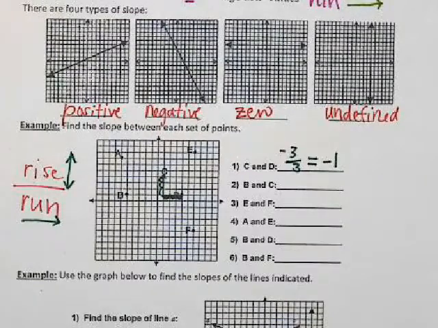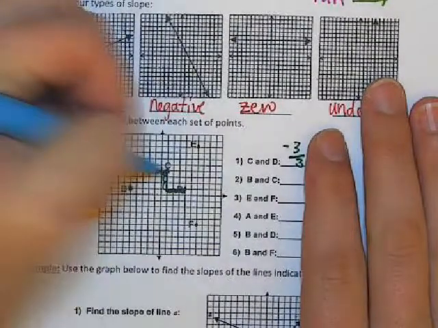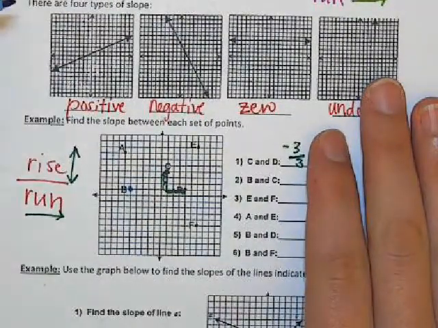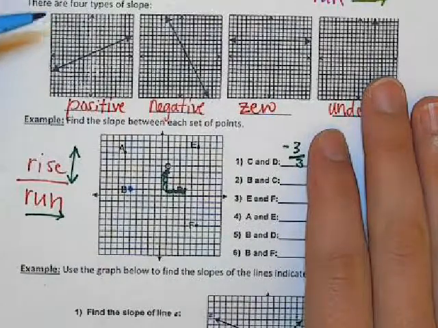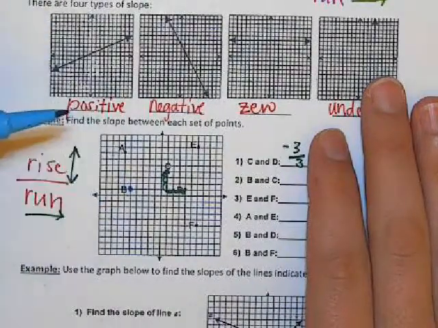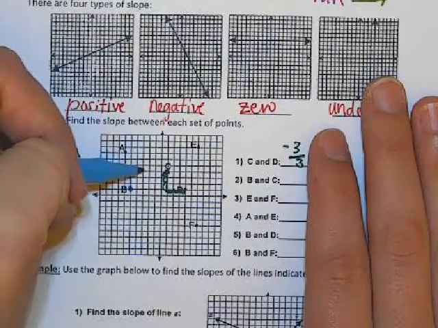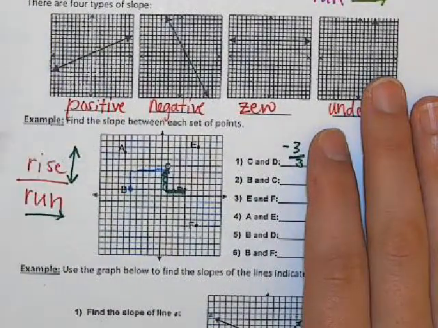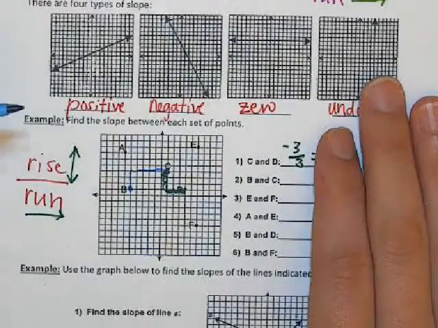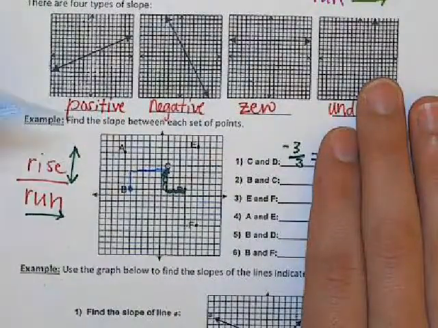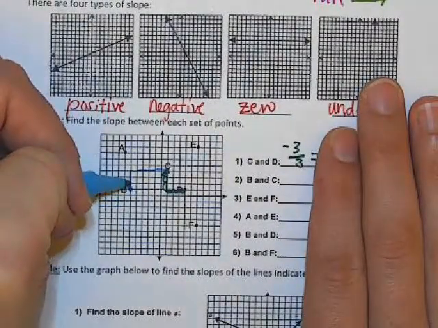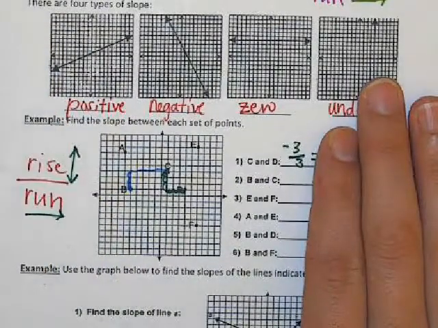Now I want B and C. I can start at either dot, it doesn't matter. Which one do I need to start at? B. Why B? Because I can run to the right if I start at B. Remember, we go up and down first. Rise first. So I'm going to rise 1, 2, 3. I went up 3.